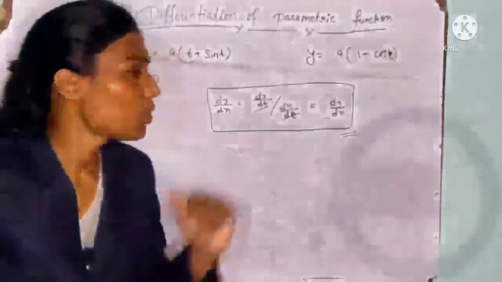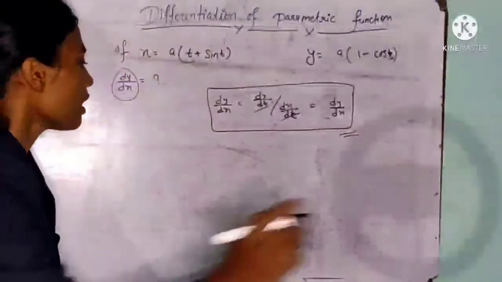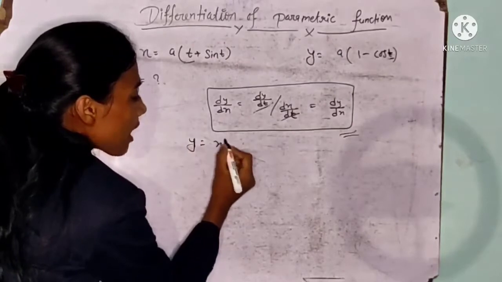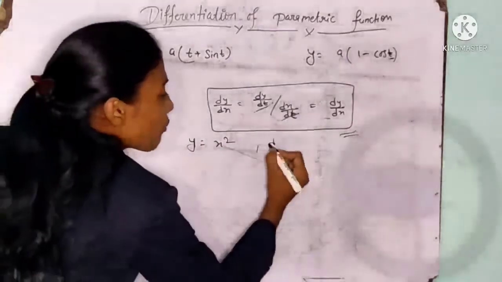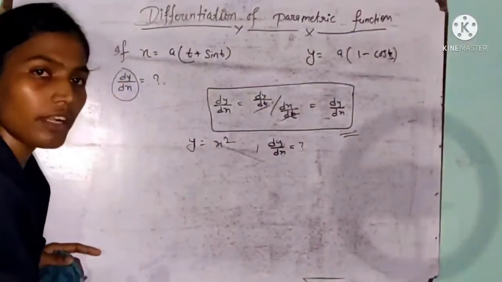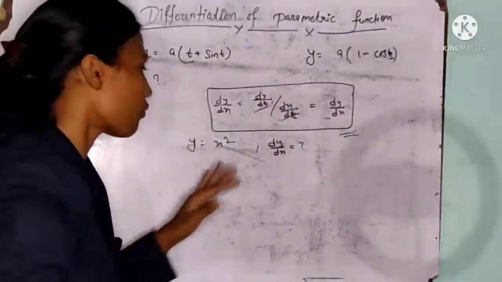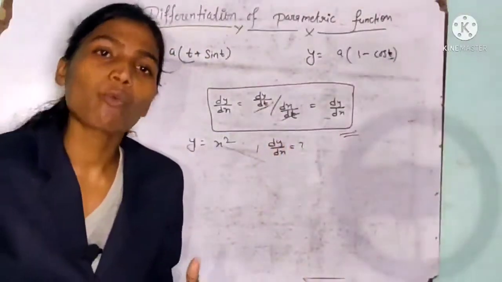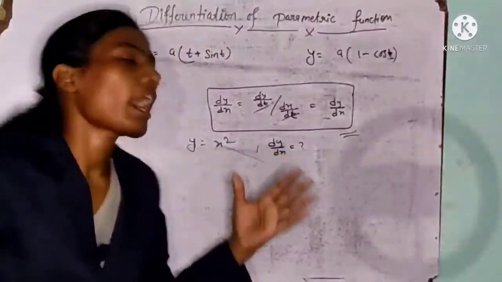Why and how? See, previously, if the given function was y equals x squared and they asked to find dy by dx, how do we find it? From the start up to now we have only learned two variables, x and y.